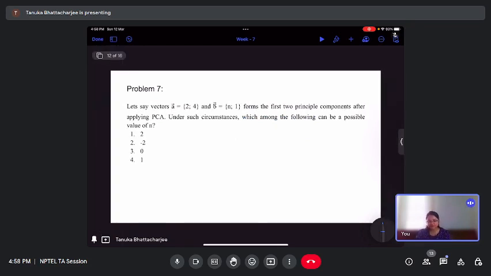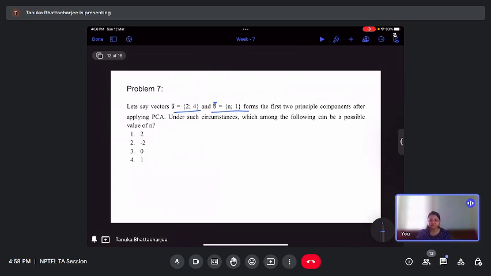Similarly, the next question: let us say vectors A and B form the first two principal components after applying PCA. A is given as (2, 4), B is (n, 1), and these two are the first two principal components after applying PCA.